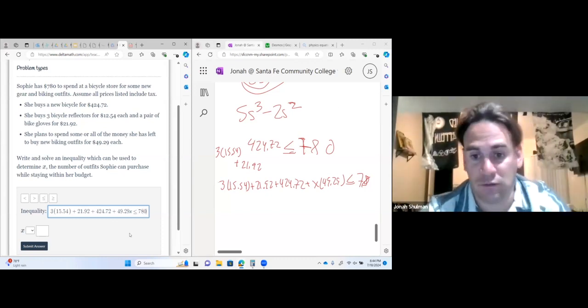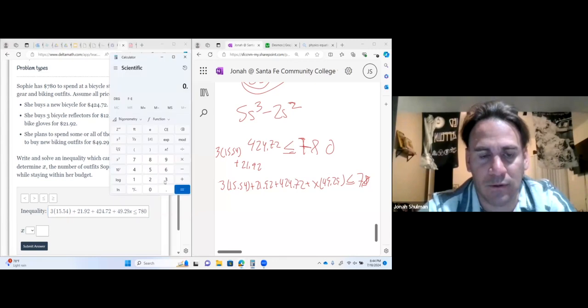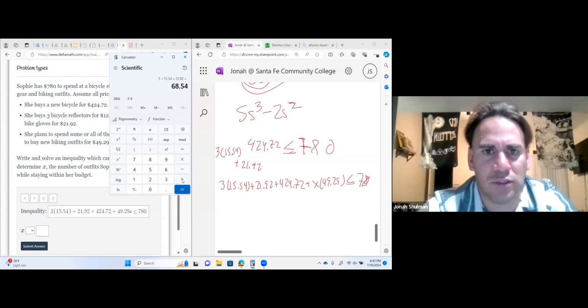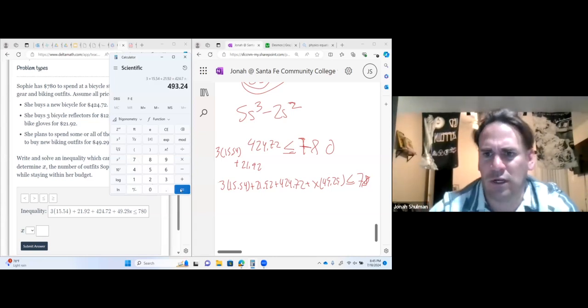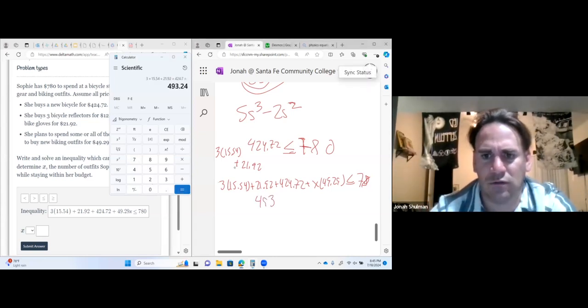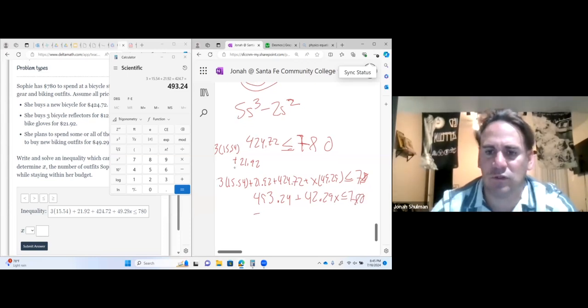So just do some multiplying. 3 times 15.54 plus 21.92 plus 424.72. What an expensive bike. All right, so we spent 493.24 plus 49.29x is less than or equal to 780. So we have to subtract this from the total.